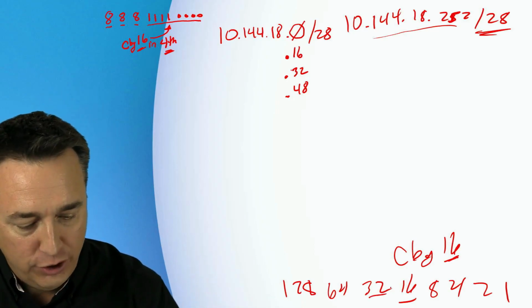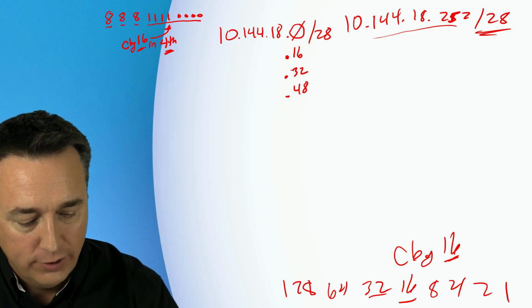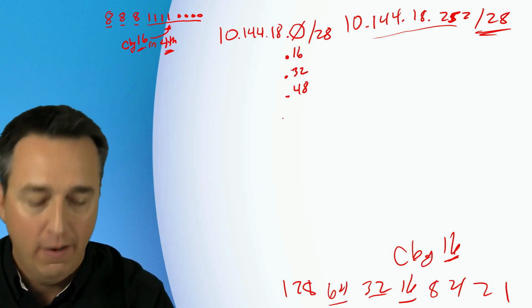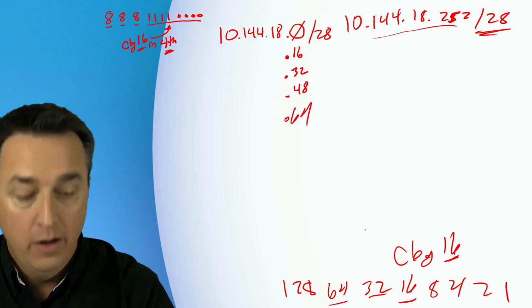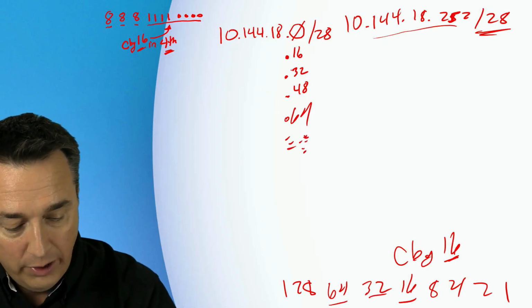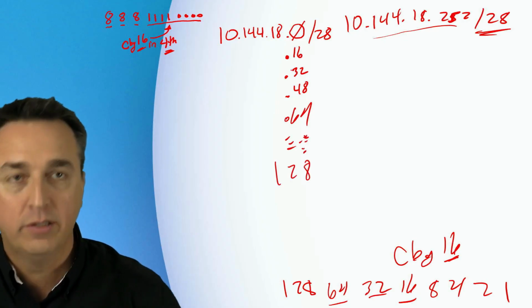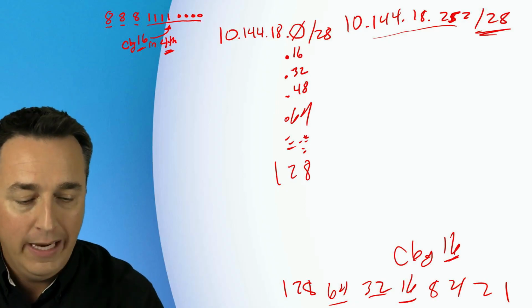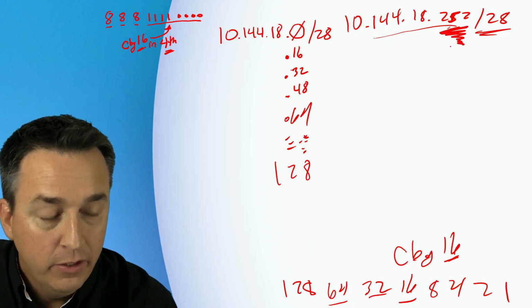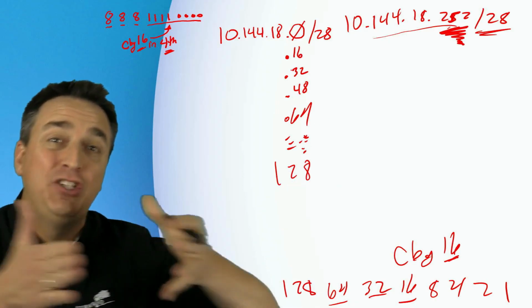So I'll hit 32. I'll also hit 64 eventually. Eventually, I will hit 128. So I know I have to get up to what? 252, right?